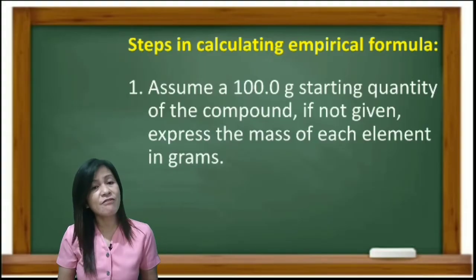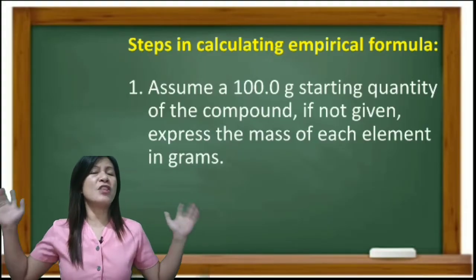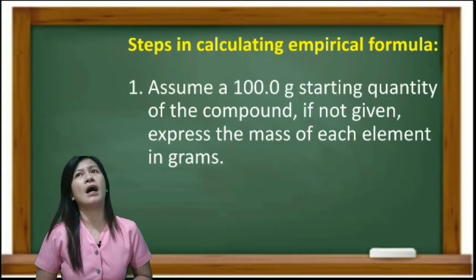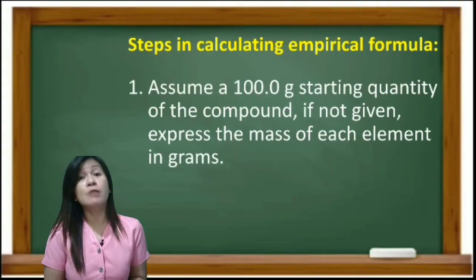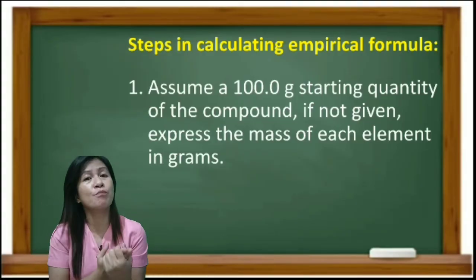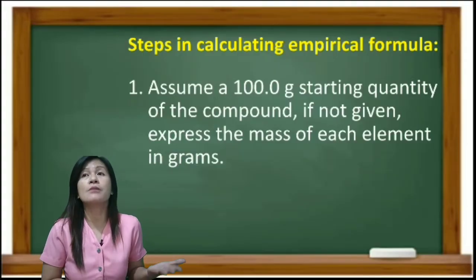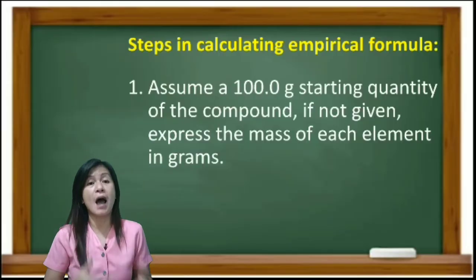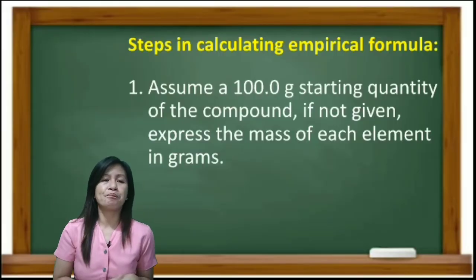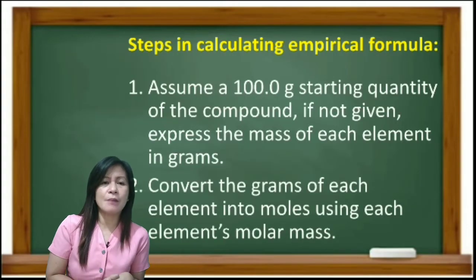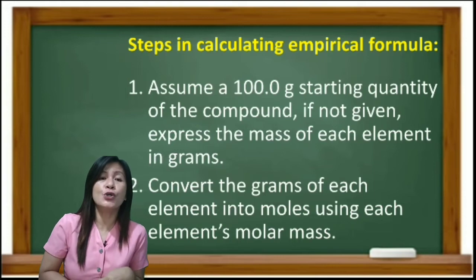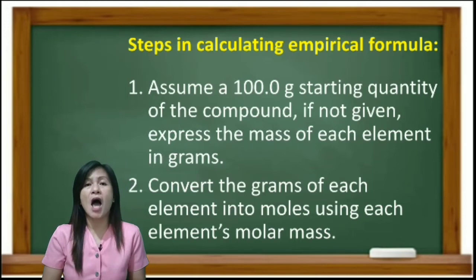If it is not given, then you convert, let's say the given amounts of the components are in moles, so you just convert the numbers of moles to grams to approximate the initial amount of 100 grams of the compound. Number 2, convert the grams of each element into moles using the element's molar mass.